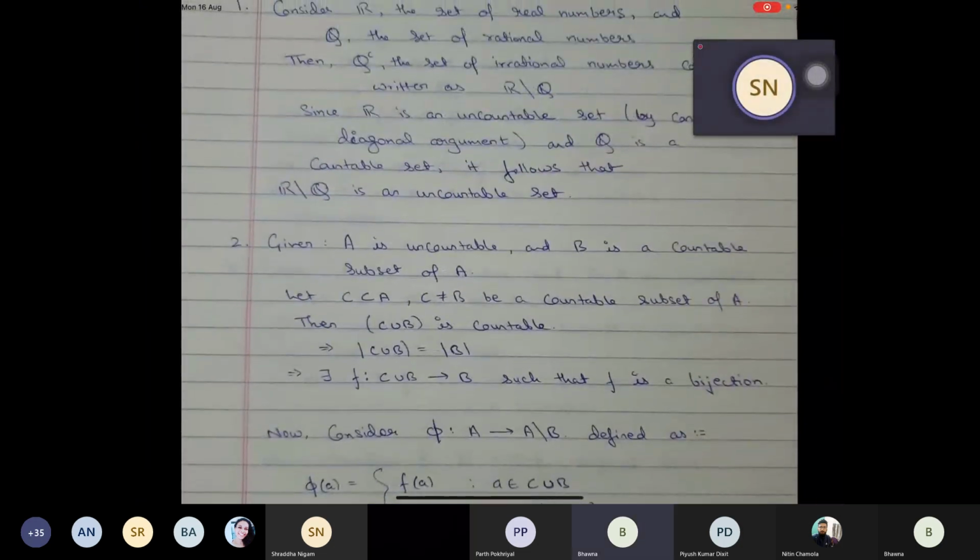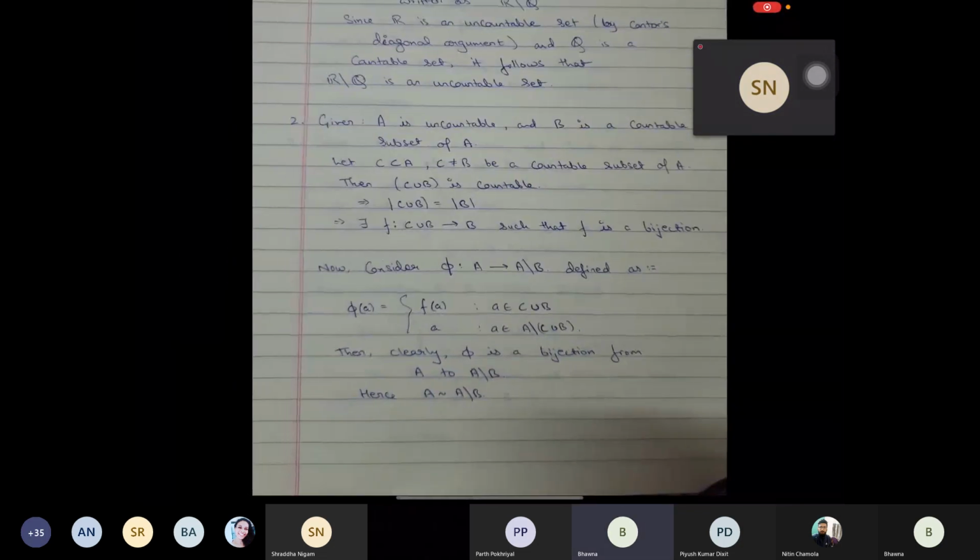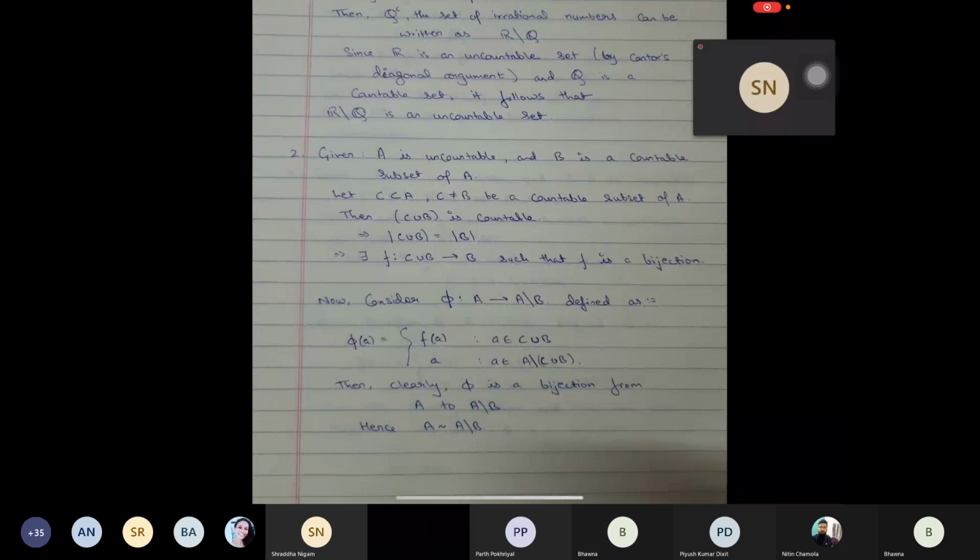Ma'am, yes, I understood. So if you want to say that two sets are equivalent, that means there is a bijection from set 1 to set 2. What you are proving is exactly correct, that this proves that A minus B is going to be uncountable.